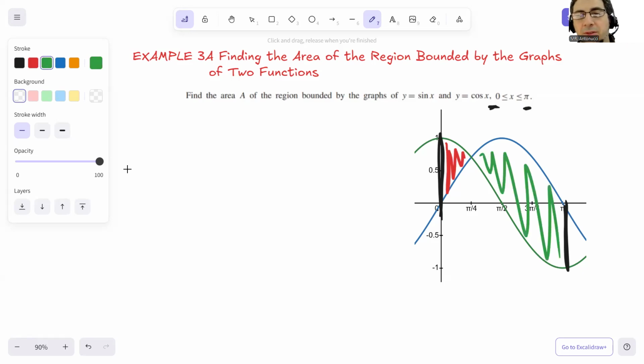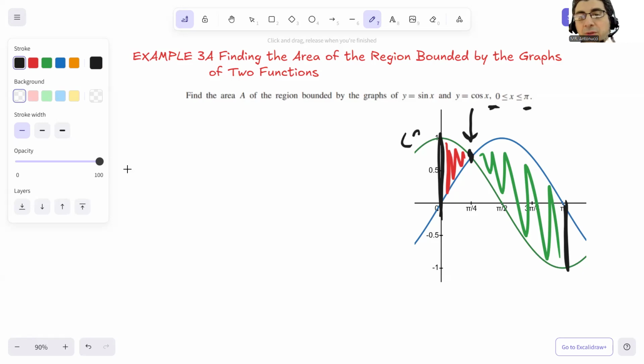The problem is that at this point where the two graphs intersect, the top and bottom switch. So what we have to do is split the integral up into two separate pieces, one where the cosine function is the top and one where the sine function is the top.